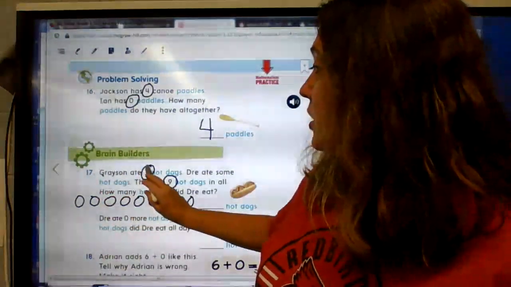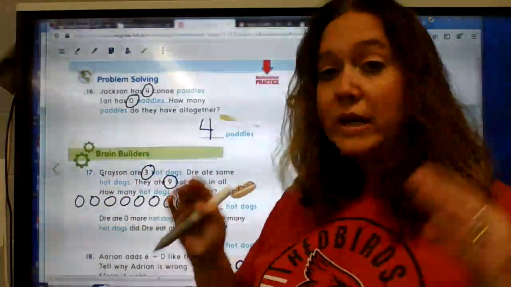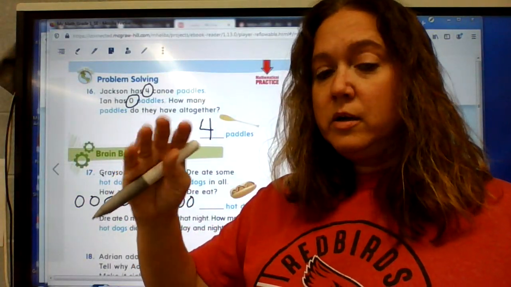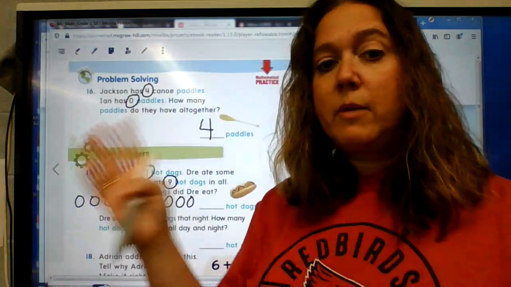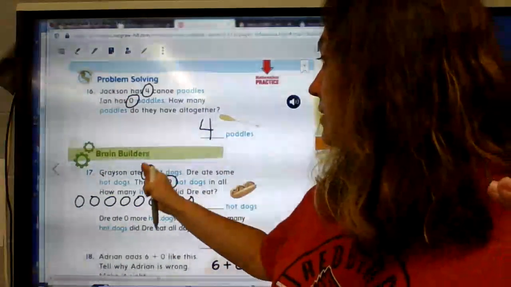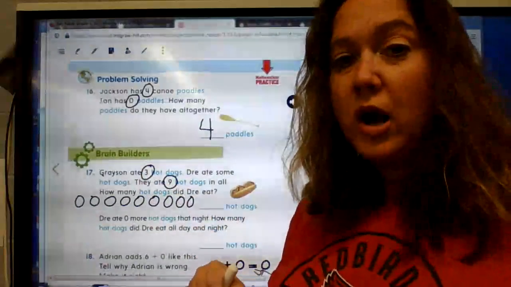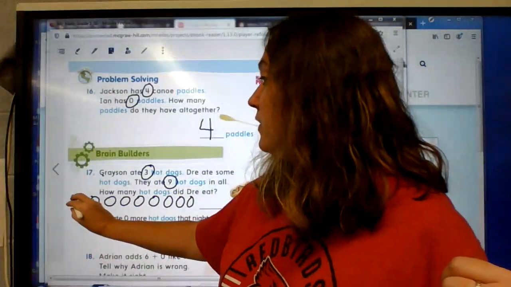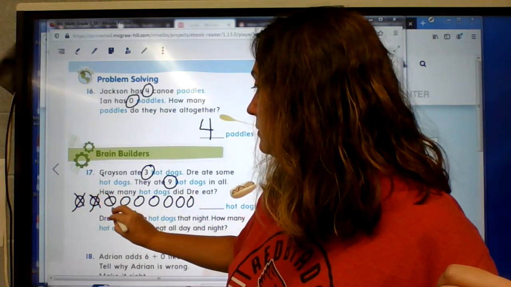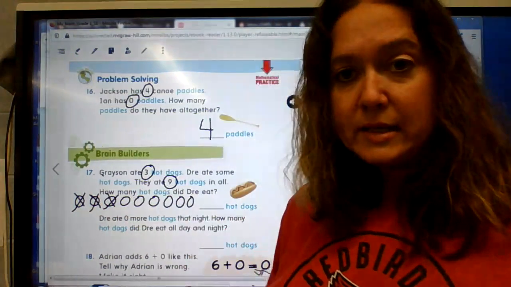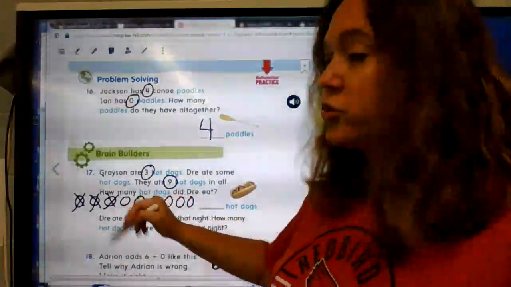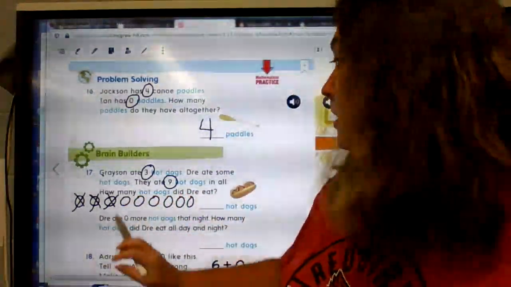Grayson ate 3 hot dogs. So we know the 9 altogether is both of theirs, how many they both ate. Okay? And they told us Grayson ate 3. So I'm going to cross off 3 of them so I know these are Grayson's. Those were Grayson's hot dogs. The rest are Dre's hot dogs.